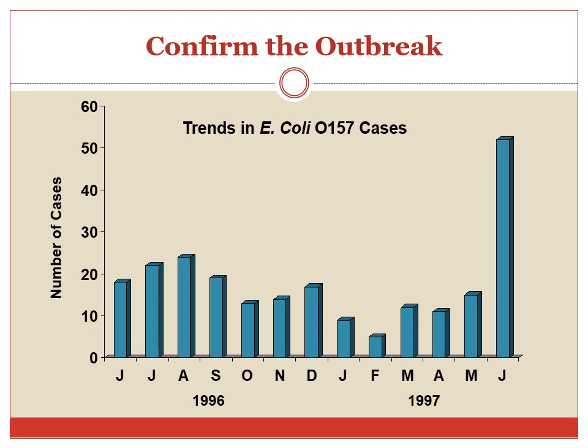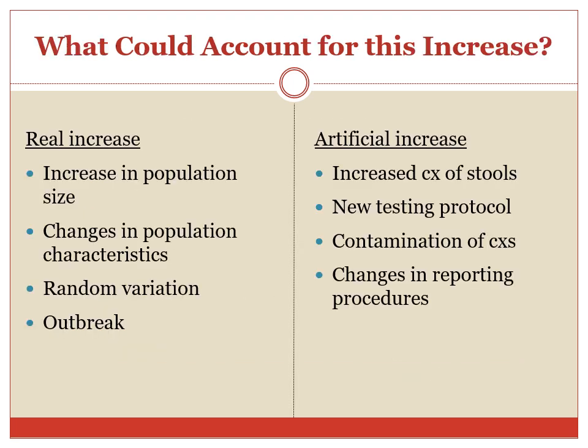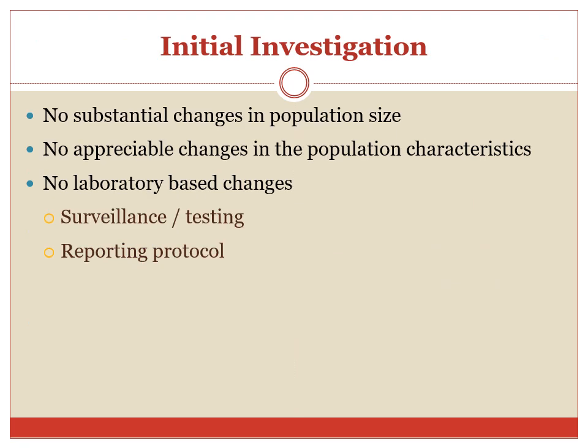Is this enough to call this an outbreak? The answer is no. Because we need to study what could account. So in this example, they investigated and they found that there have been no substantial changes in population size and characteristics, and the lab protocols are still the same.